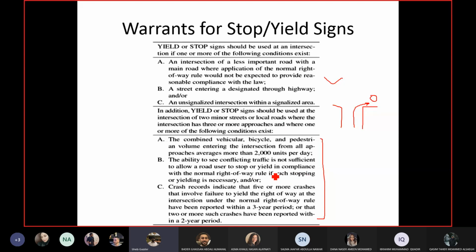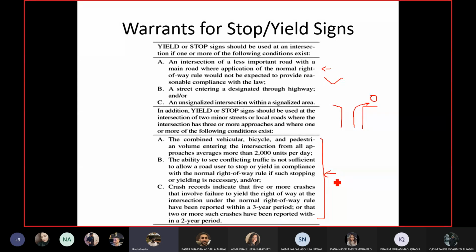So this is the side distance condition, the same which we have for the minor road with main road as well. That one condition was when a minor road is crossing the main road, and this is when two minor roads are crossing. But in any case you have to check that the side distance condition is met. If the side distance condition is not met, then you should at least provide a stop or a yield sign. As simple as that.